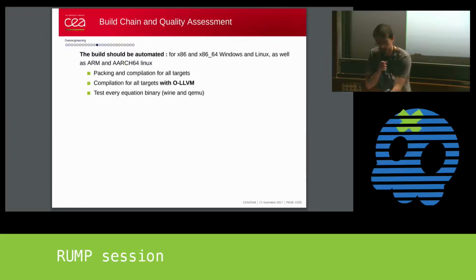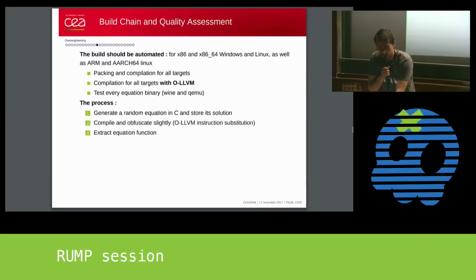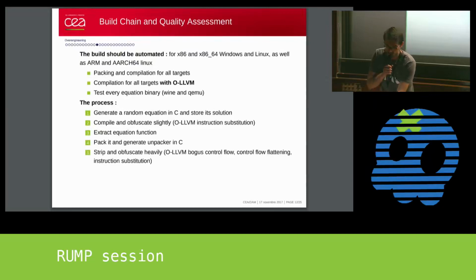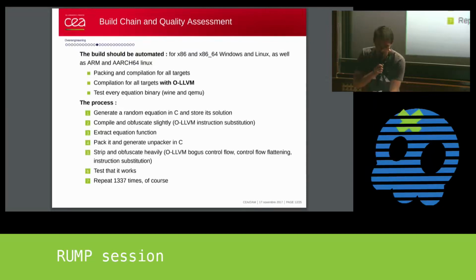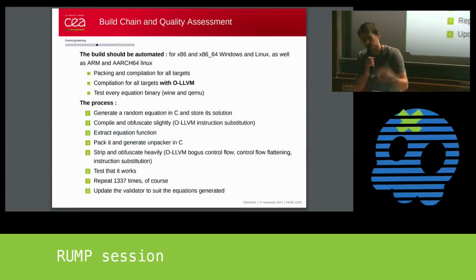It was quite a bit of work, but fun work. So that's basically the whole process that you saw before. We compile the equation, we extract it, we pack it, then we strip and obfuscate, then we test that it works. We do this for all the binaries, and then we have to update the validator that was described before.